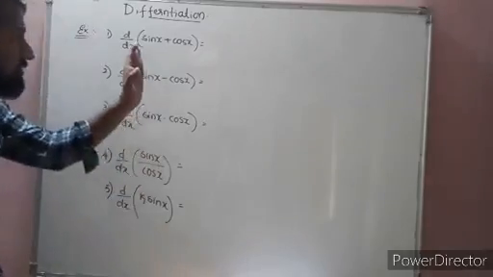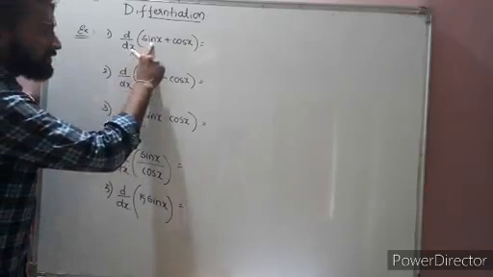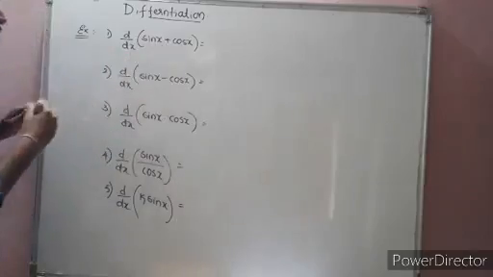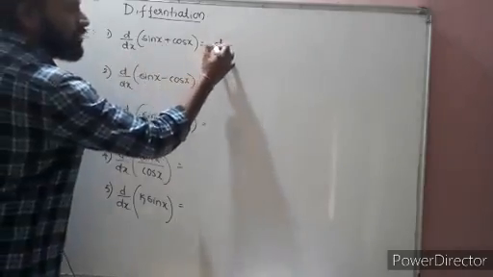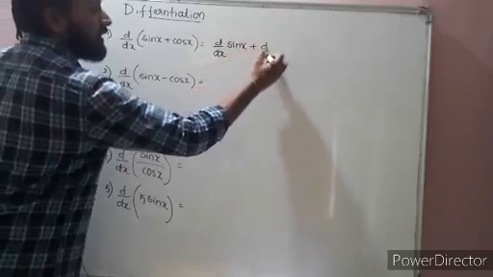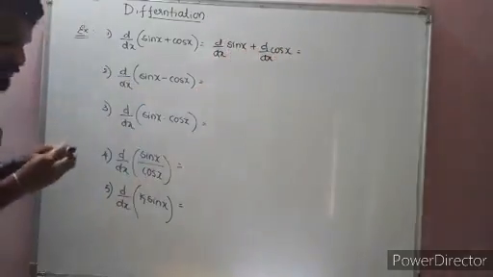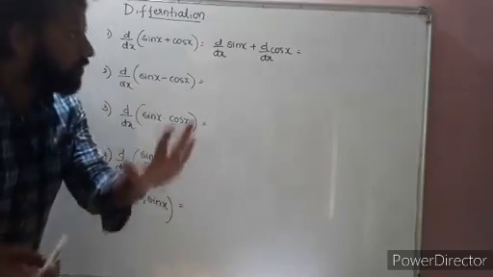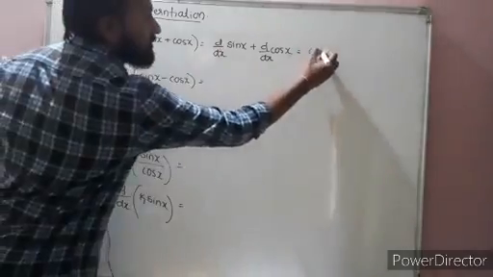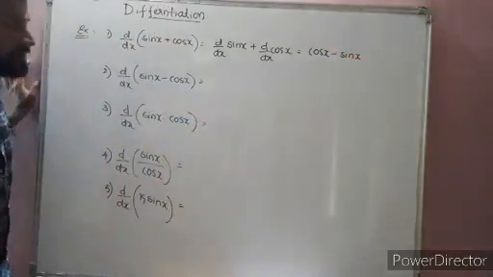So let me see how those rules can be used. Now you can see I have this first function, this second function, and I have plus in between. So this can be done as the rule says: d by dx of sin x plus d by dx of cos x. As I told you, you already know the derivatives of standard functions. So derivative of sin x will be cos x and of cos x will be minus sin x, and done.